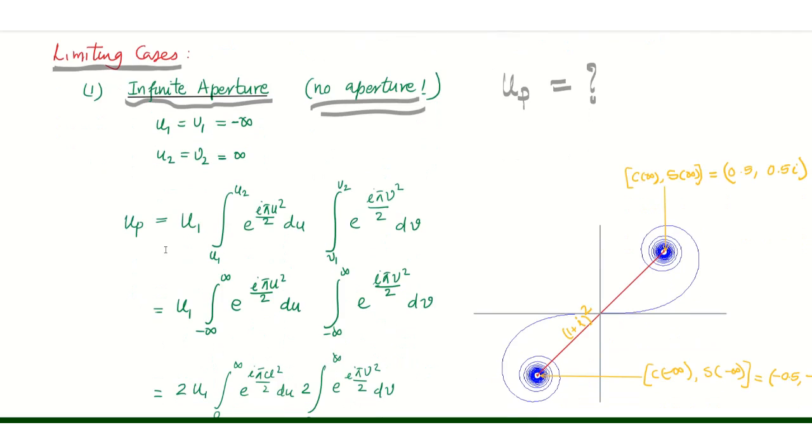In this limiting case, u extends from minus infinity to infinity, and v extends from minus infinity to plus infinity, and therefore u1 equals v1 equals minus infinity, and u2 equals v2 equals plus infinity.